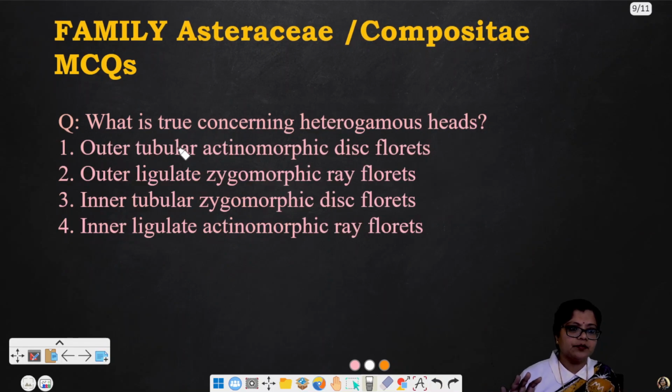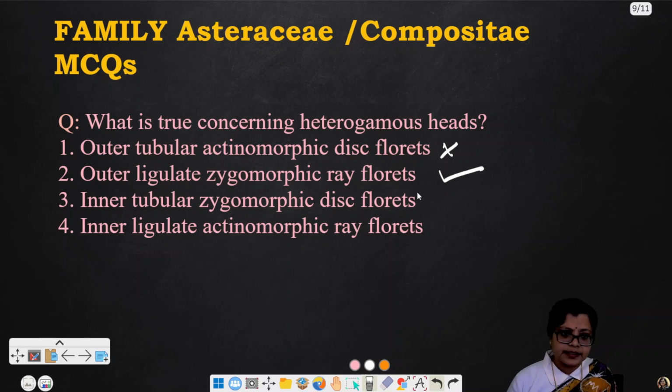Okay, what is true concerning heterogamous head? We have to do it first by removing the options which are wrong. First, disc florets actinomorphic outer, no, they are present in the center, so it is wrong. Now the next one, outer ligulate zygomorphic, yes, ray florets that are outer, ligulate and zygomorphic, it is correct.